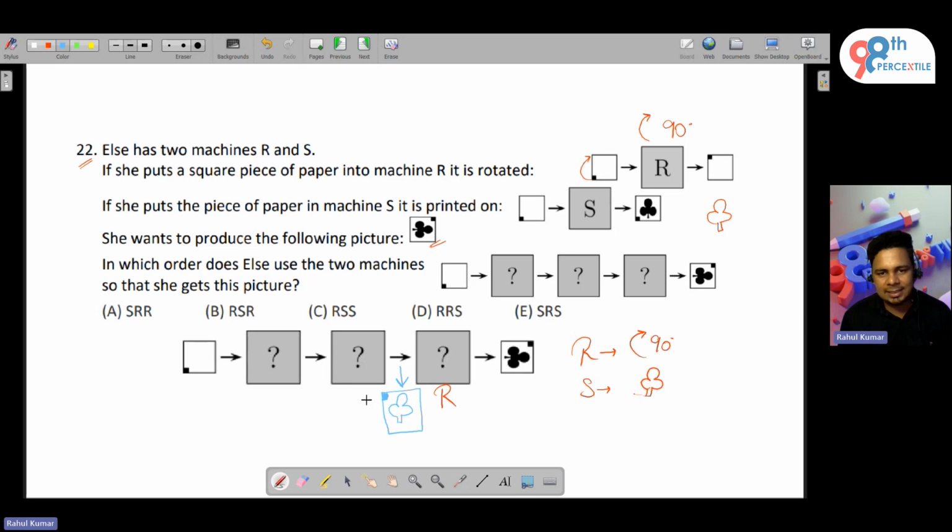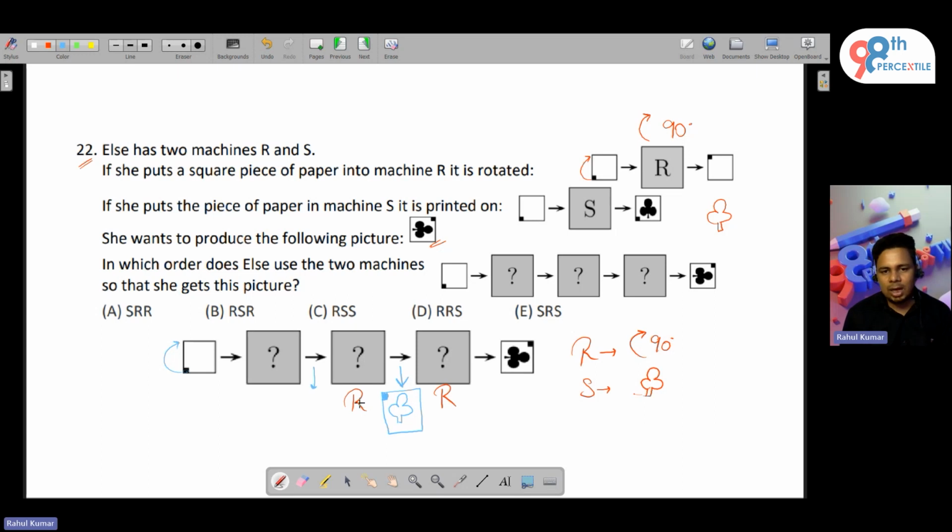Now again you can just observe this image with the first one. We had this dot here, now it moved to this one. So it just moved one step over here. That means one of them has to be R, either this one or this one. Okay, so let's assume this is R. So before R, what image could we have? Let's write it in the same manner as we are writing the numbers.